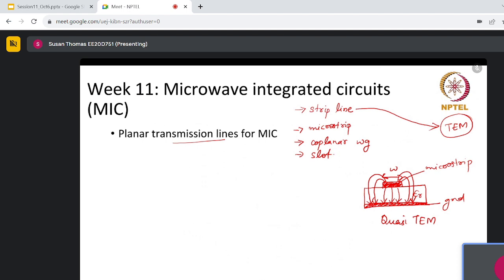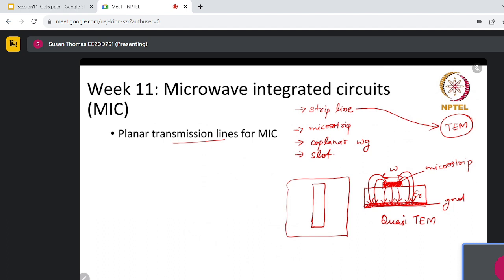And to explain the structure of a coplanar waveguide, and to understand the need or where it will be useful: in microstrip, the upper plate is a conductor and the bottom plate is also a conductor, and these two are separated by a dielectric.